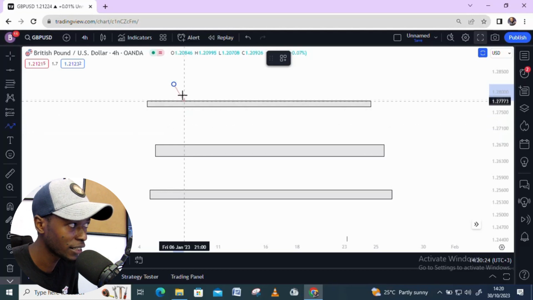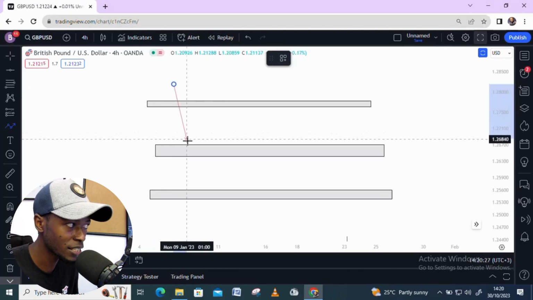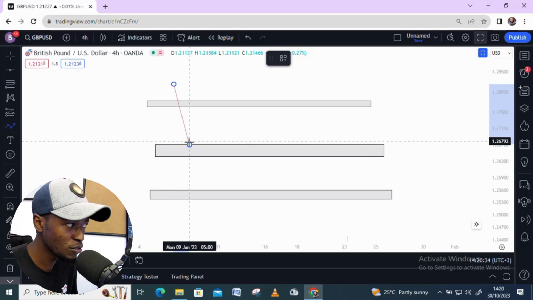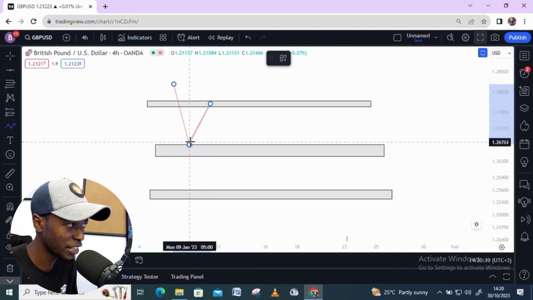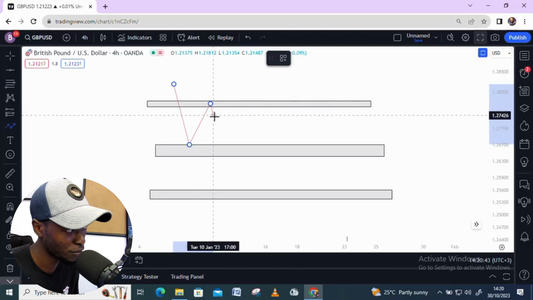This is a break. As you can see, the market comes with momentum and breaks through the zone. The market can also bounce off the zone. This is a bounce. The market comes from down here, finds resistance right here and bounces off.